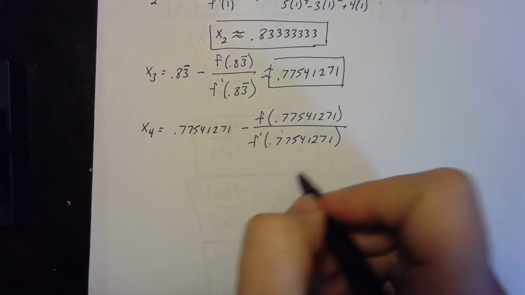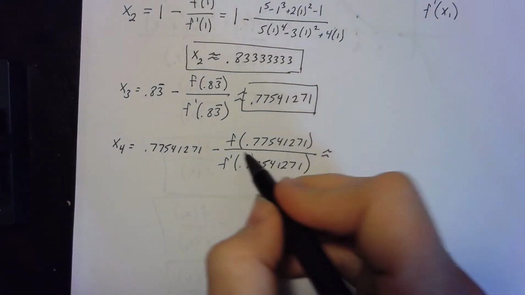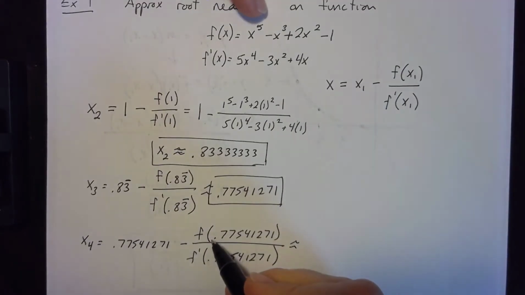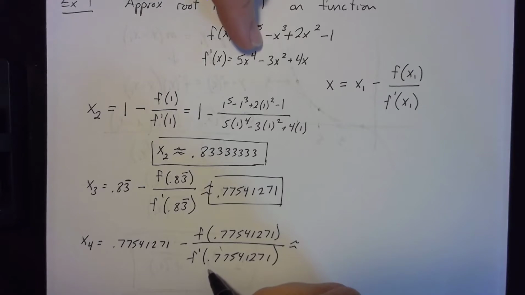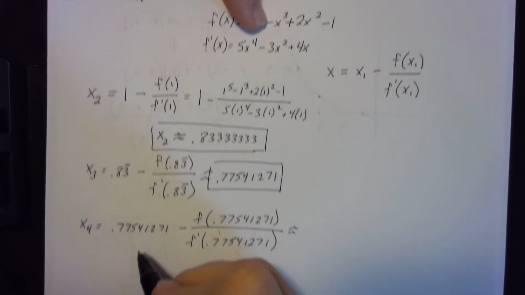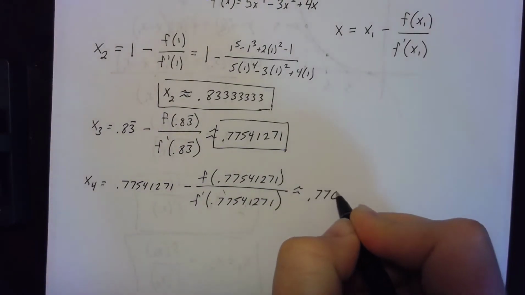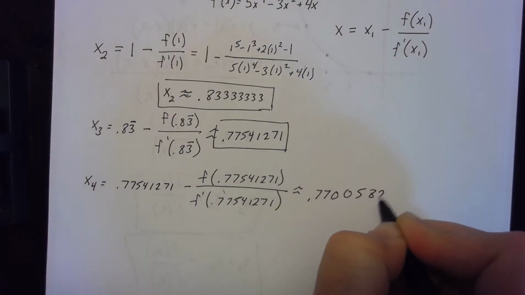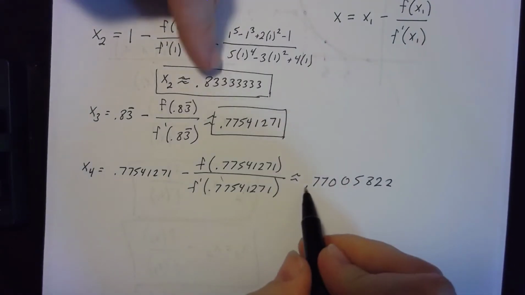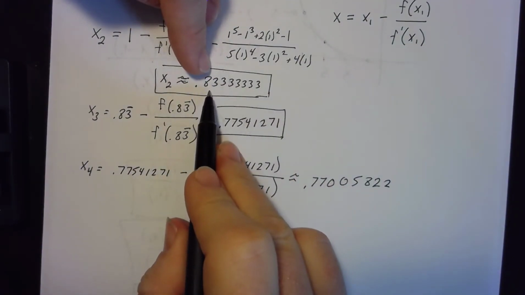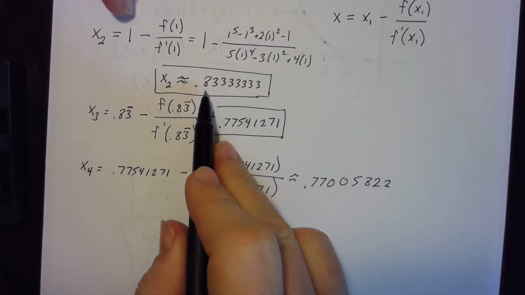When I plug all this information into a calculator very carefully, f is me plugging it into this function up here, and f prime is me plugging it into this function right here. Then I'm going to divide those two and subtract it from this decimal value here, which will provide me with 0.77005822.